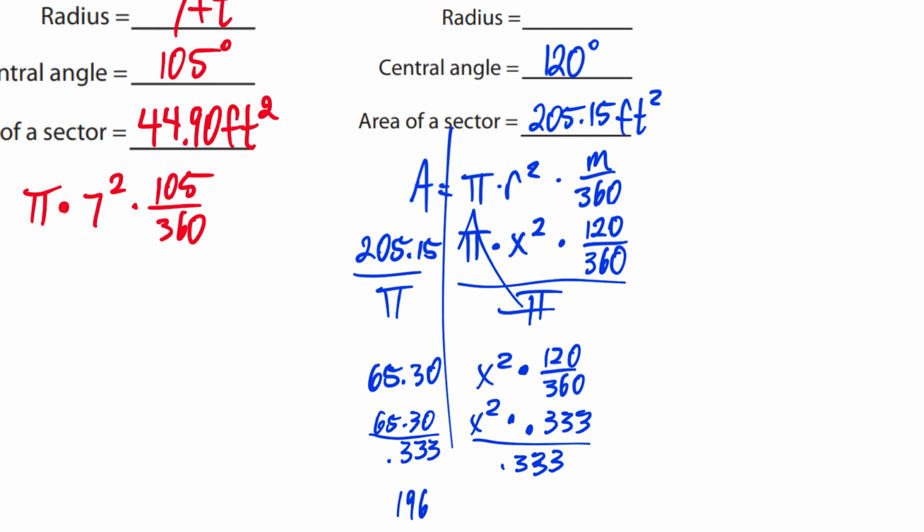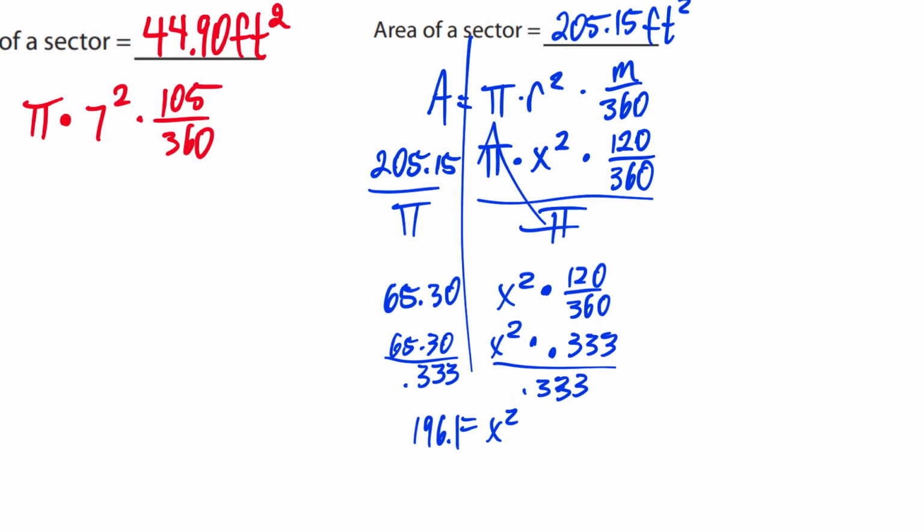That gives you about 196.1 equals x squared. How do we get rid of this square? We're just going to take the square root. The square root of 196.1 is going to make it 14.